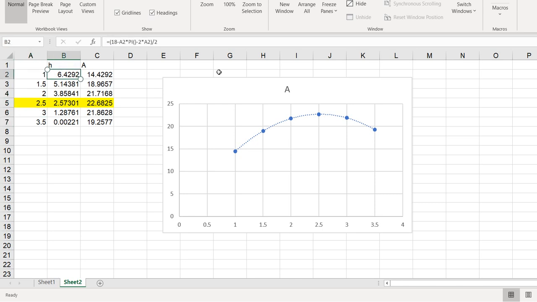And then we calculate the value for H. Again, if you follow the tutorial for Excel, you would know how I do that. I just put the equation in there, and instead of pi, I put pi. So the equation is 18 minus A2 times pi, which is pi r, minus 2r, divided by 2. That's the equation for h. Once you have that, you can drag it down.